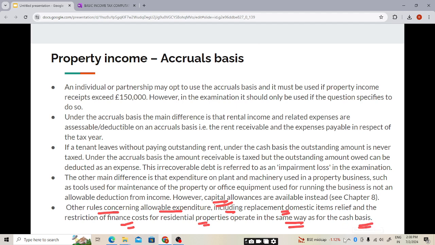When you are doing the accrual basis for residential property, the replacement relief, the finance cost relief and the allowable expenditure are the same. The only difference is the impairment loss, because you will be showing 12 months income and then you need to reduce 1 month income. And the other difference is capital expenditure on plant and machinery. Under cash basis it was completely allowable, but under accrual basis, capital allowance will be available. So now we'll be doing a question on the accrual basis so that you have a good idea.